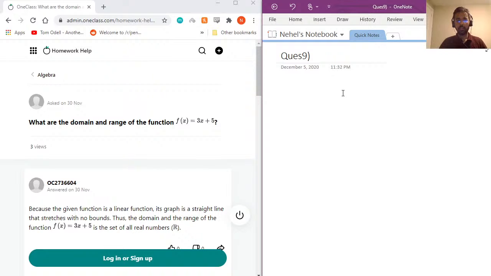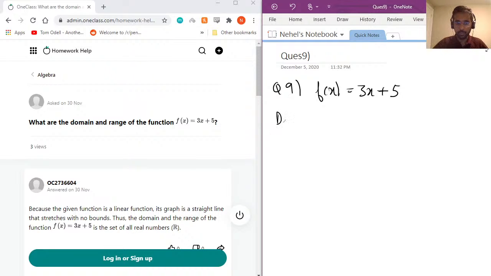Alright, question 9. So what is the domain and range of the function when we're given a function? Okay, so if you recall what the domain and range are, a domain is all the values which x can take, and the range is all the values the overall function, or in this case f of x, can take.